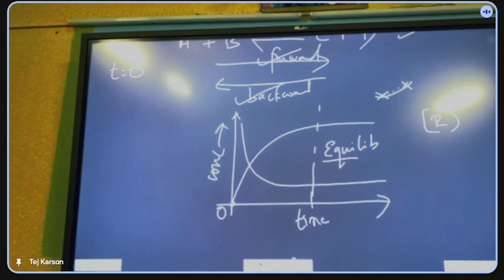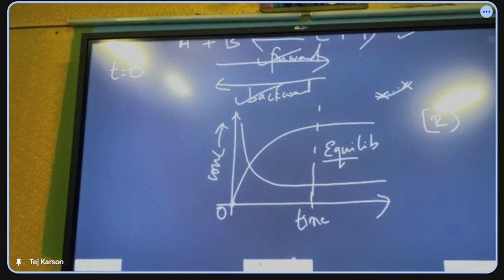Second point. As time keeps passing, put a comma. Concentration of R decreases. Use the shortcut. Write square bracket R decreases, and that of the product increases.